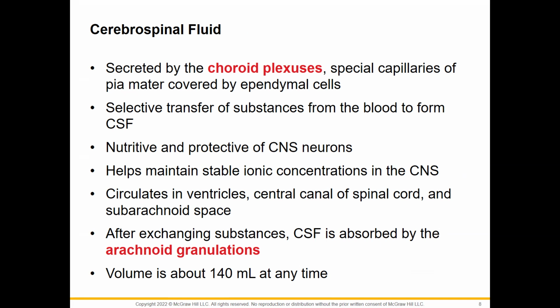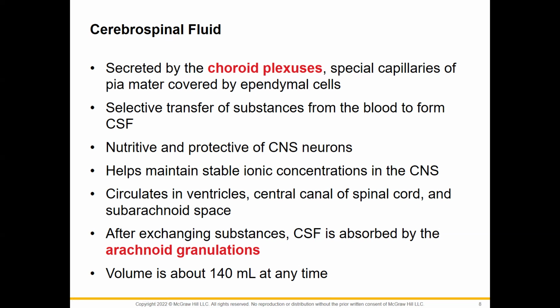And if the neuroglia were not there, the neurons couldn't do their job. One of those neuroglia are the ependymal cells. Ependymal cells are the cells that cover the pia mater and secrete cerebrospinal fluid into the ventricles.